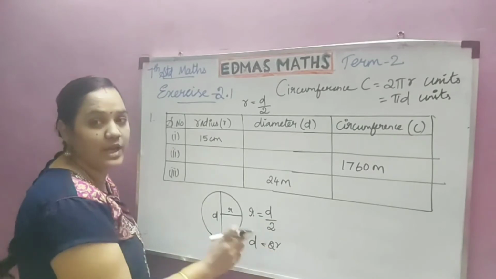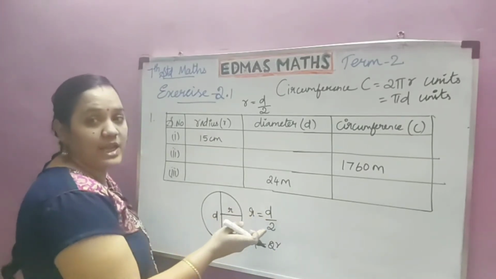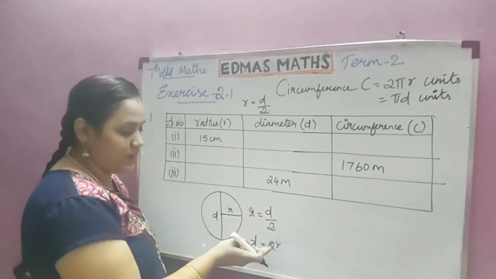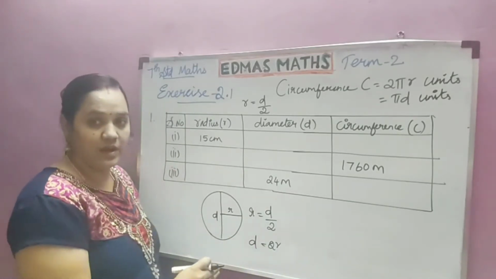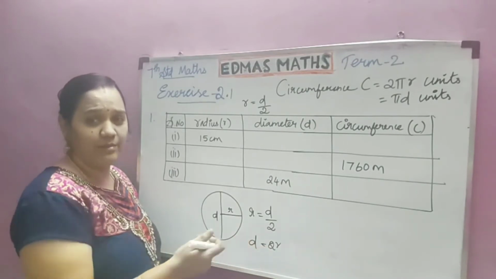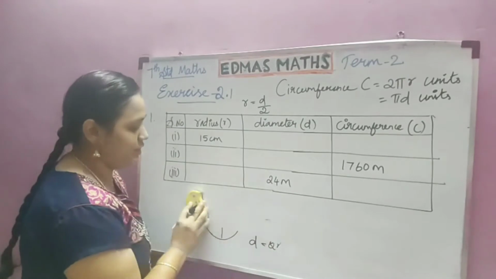So diameter is 2 times radius, and we can convert this to radius equal to d by 2. That is the formula for finding the radius if diameter is given, and if radius is given we can easily find the diameter.